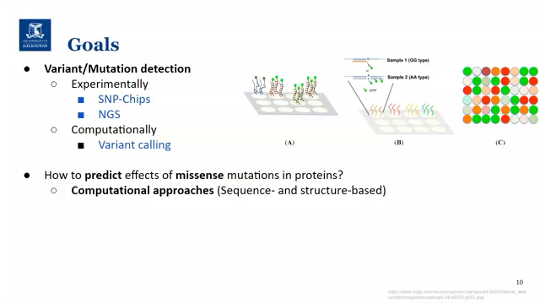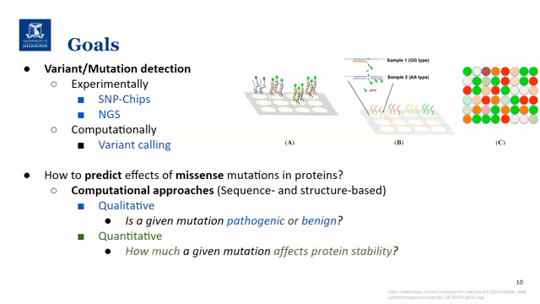Qualitatively will be something like, I've observed a new mutation, is this pathogenic or not? Is this likely to cause resistance or not? Is this given mutation a pathogenic one or a benign one? And quantitatively is how much this mutation is actually affecting protein stability or protein interaction.